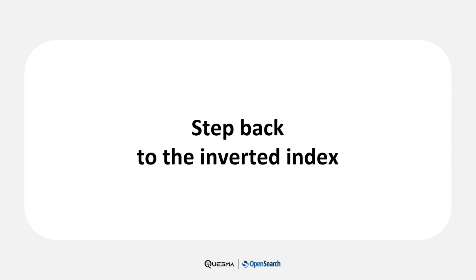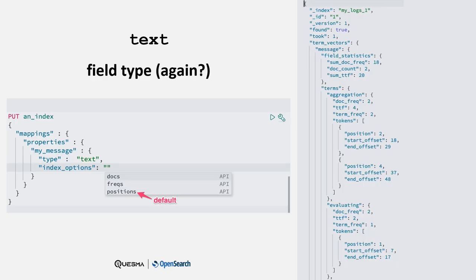I mean data related to specific terms, so purely a part of the inverted index, logical data. If you ever paid attention to the index options property of the text field type, you have noticed that there are 3 available options. Here you have docs, frequencies, and positions.